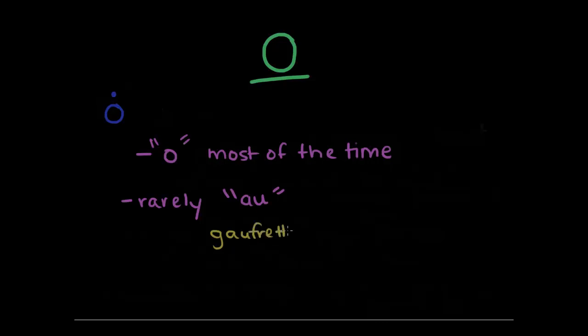But other than that, really, I think it's going to be an O most of the time. This is a sort of common sound in French, not really, but lorgnette is an example. Lorgnette. This O can also appear at the beginnings of words, for sure, like oriflamme, oriflamme.